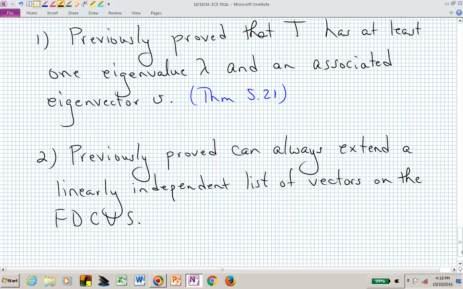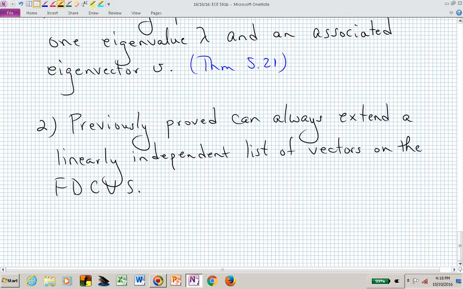And by extending, I mean we can extend it up to form or find n of those vectors if the dimension of our complex vector space is n.